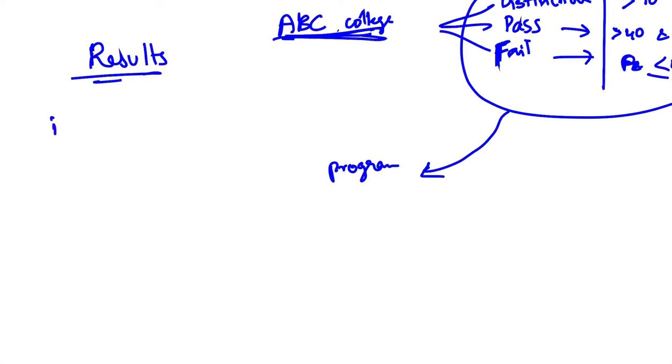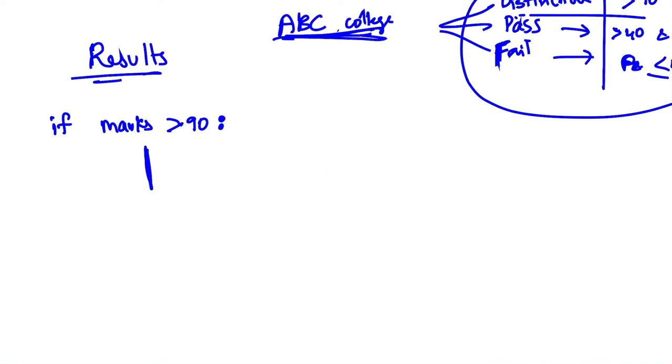We will be using the if condition. First of all, if marks is greater than 90, colon, and then press enter. You will get the indentation automatically, and after we get the indentation, we write whatever the condition requires: then print distinction.